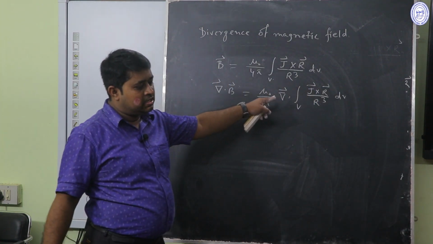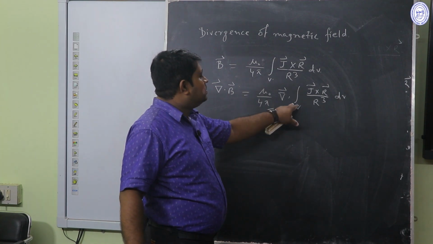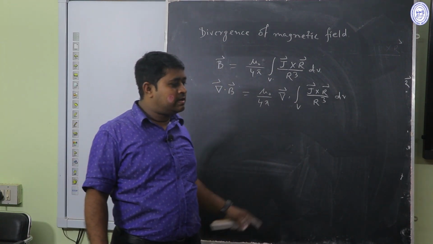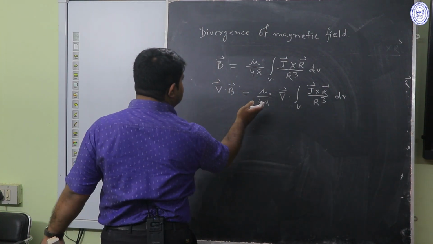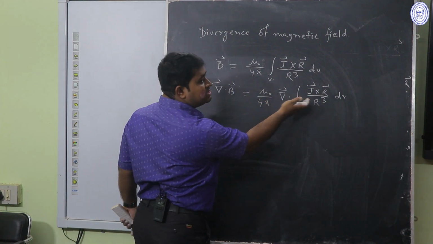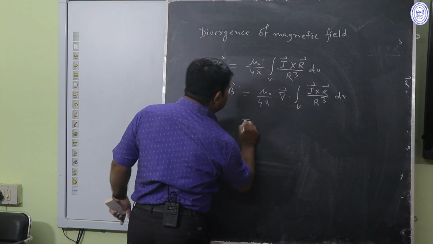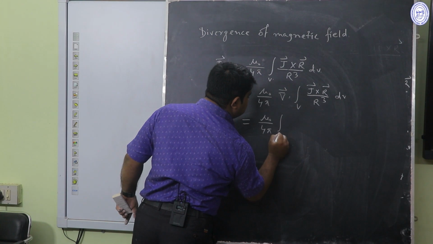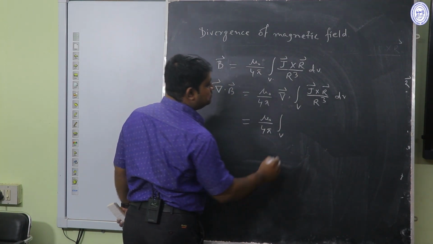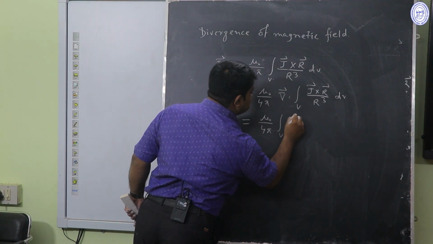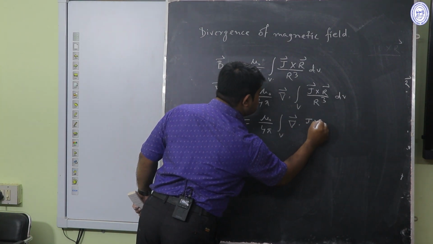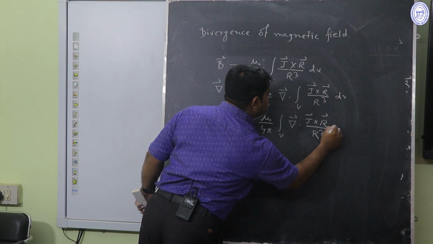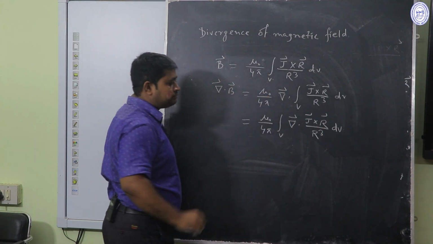Since the integration is taken over source point and the divergence is taken over field point, the divergence can be taken inside the integral, that is mu 0 by 4 pi integration over volume divergence of J cross R by R cube into dV.